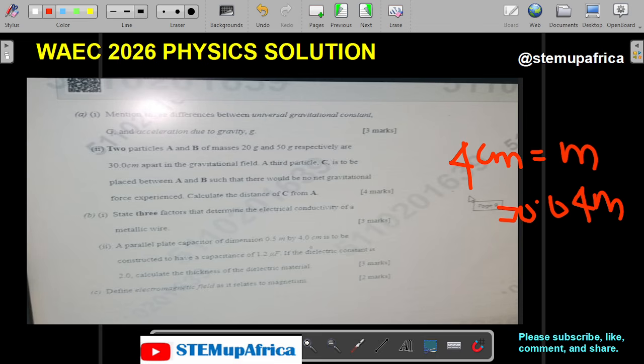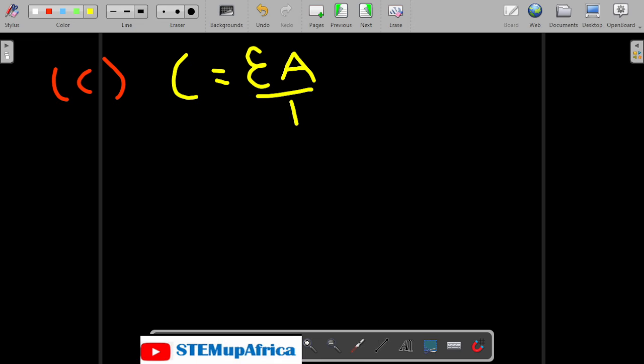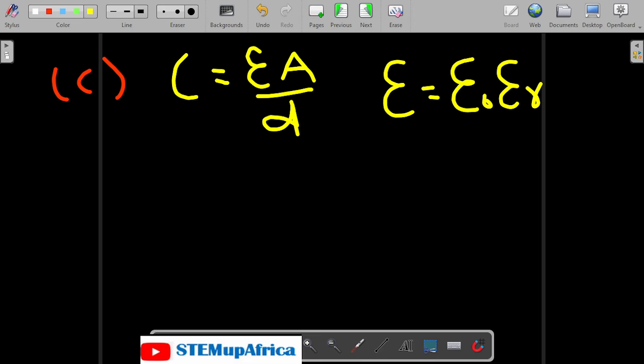We know from capacitors, which is question C now, that C equals EA over D, where E is the permittivity of free space, the permittivity of air.